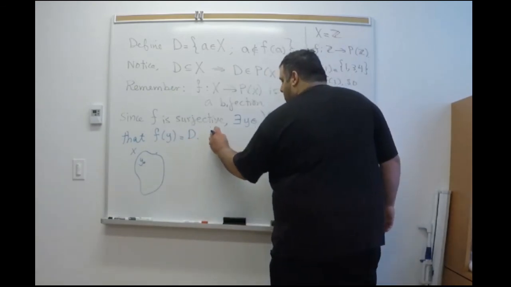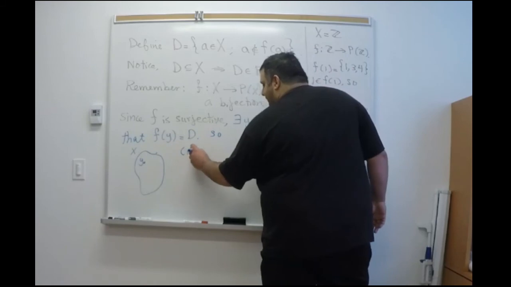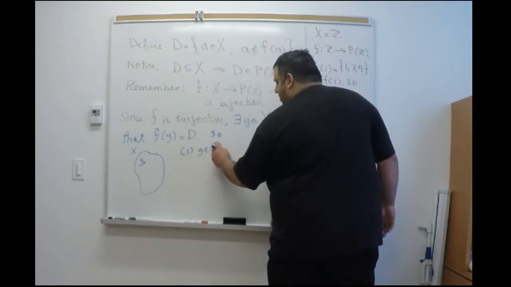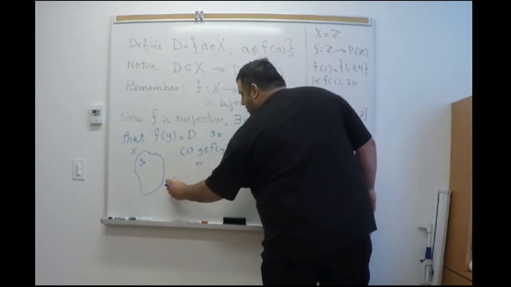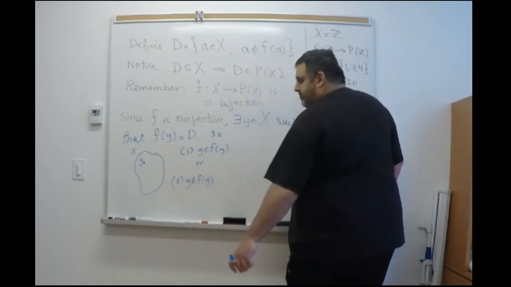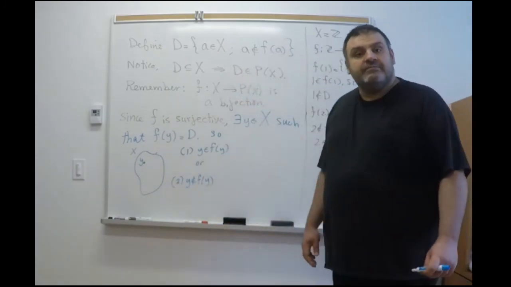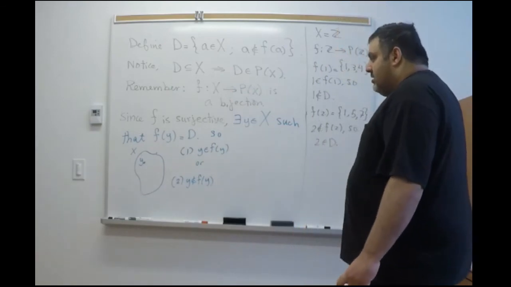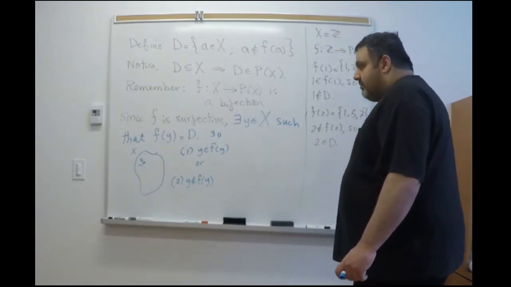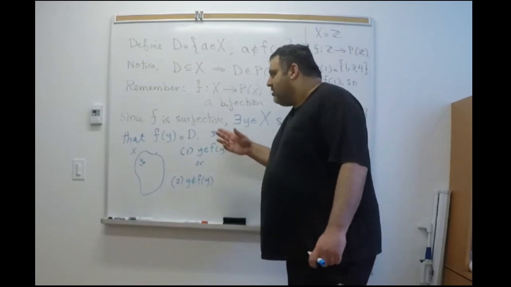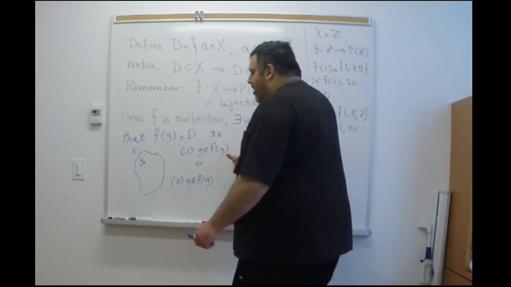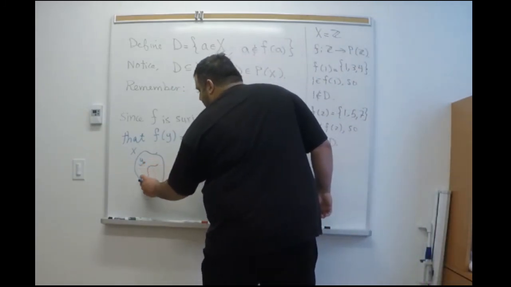Now, f of y is a subset of X, namely this D. So there are two options. Either y is an element of f of y, or y is not an element of f of y. Okay? So remember, f of y is a subset of here.